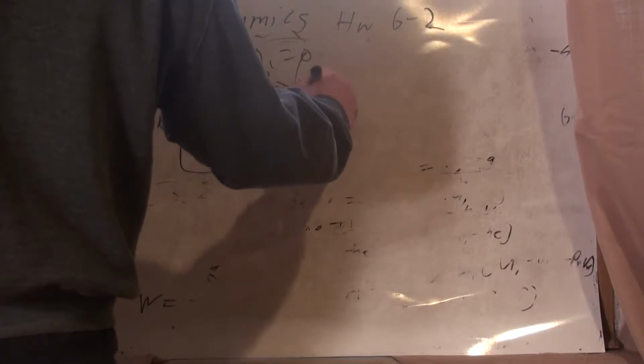So P coming in is 3 megapascals, at 500 K, until the pressure reaches 3 megapascals. So the final pressure in the tank is going to be 3 megapascals.